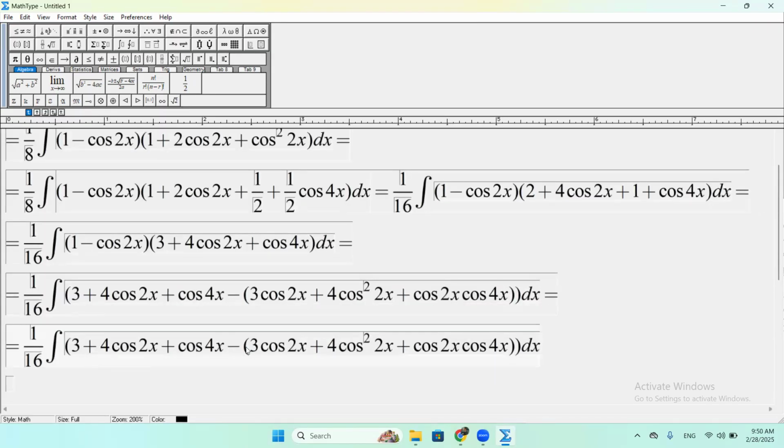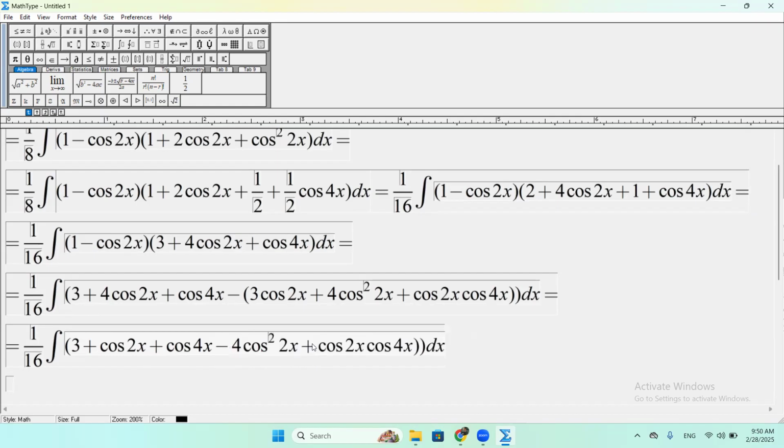So, minus 3 cosine of 2x. Here we will receive 1 cosine of 2x, so removing it. Then minus 4 cosine square of 2x and minus this product.